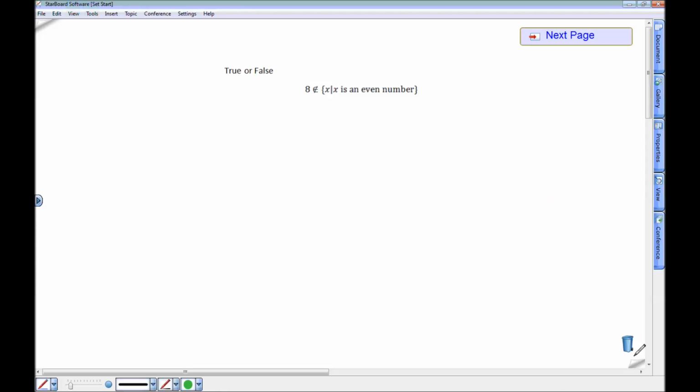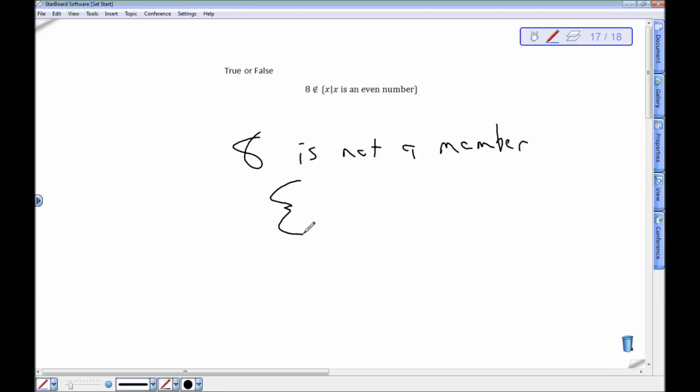All right, here I have 8 is not a member of the set of all X such that X is an even number. Well, even numbers are guys like 2, 0, 4, -2, 8, 6, -4. Okay, I did not order those in a very nice way.